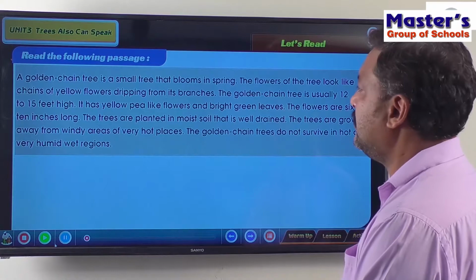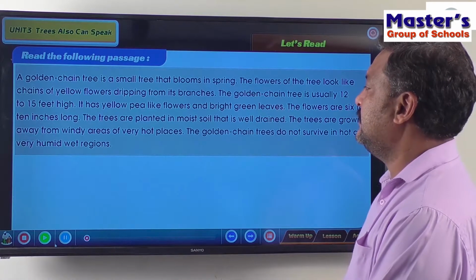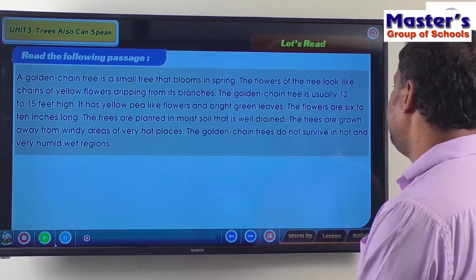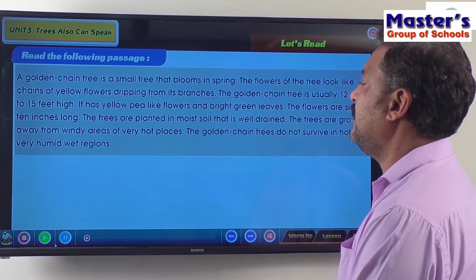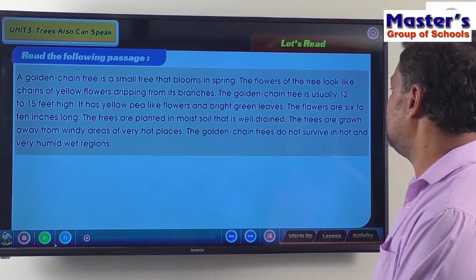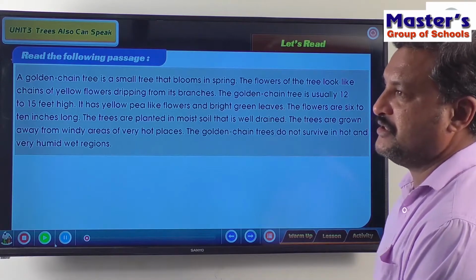The flowers are 6 to 10 inches long. The trees are planted in moist soil that is well drained. The trees are grown away from windy areas or very hot places. The golden chain trees do not survive in hot and humid, wet regions.